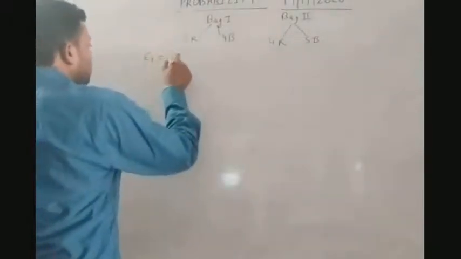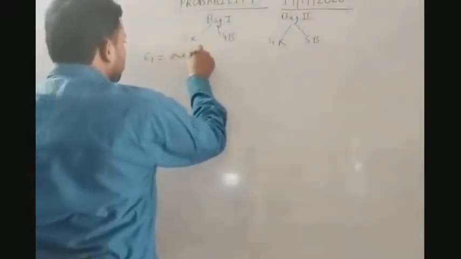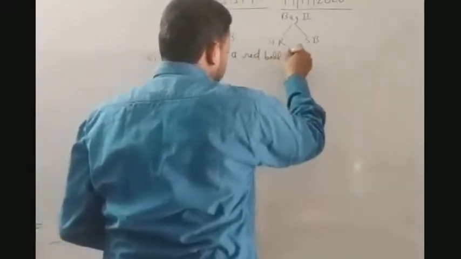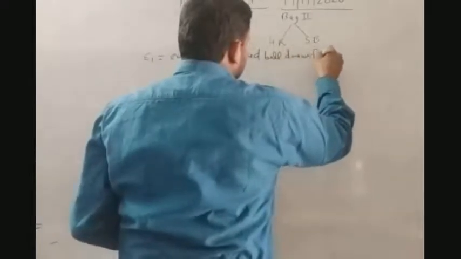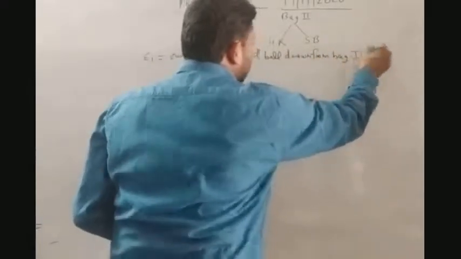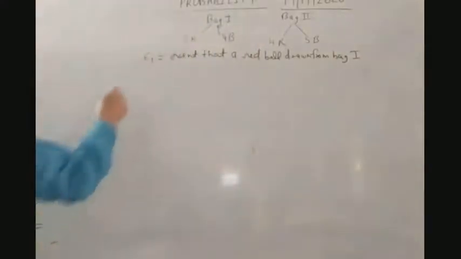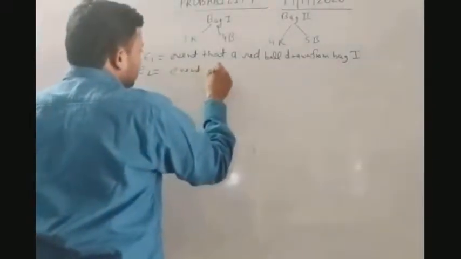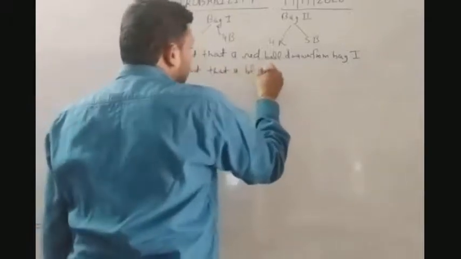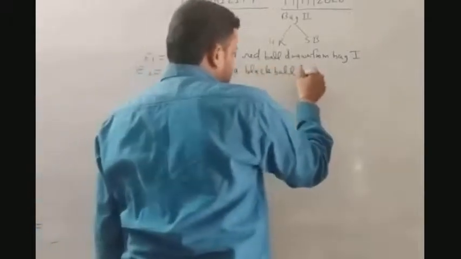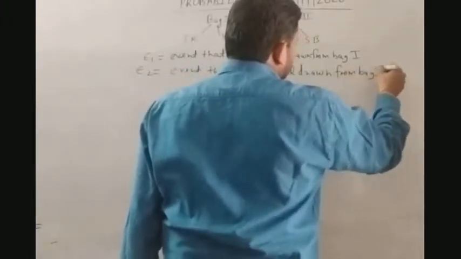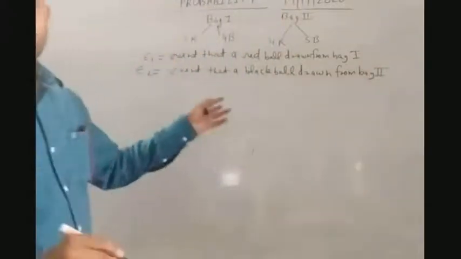And E2 is the event that a black ball is drawn from bag first. This is our E2.